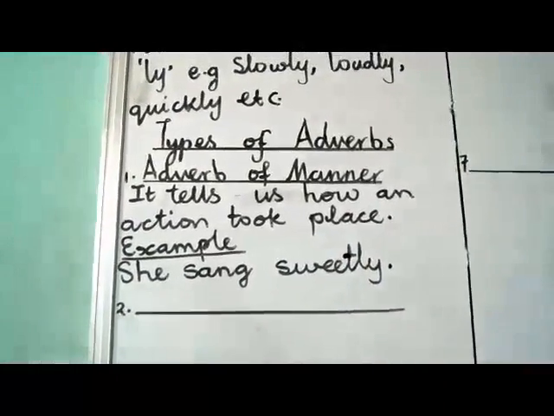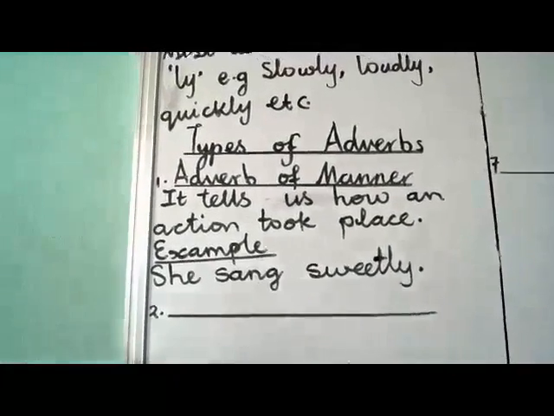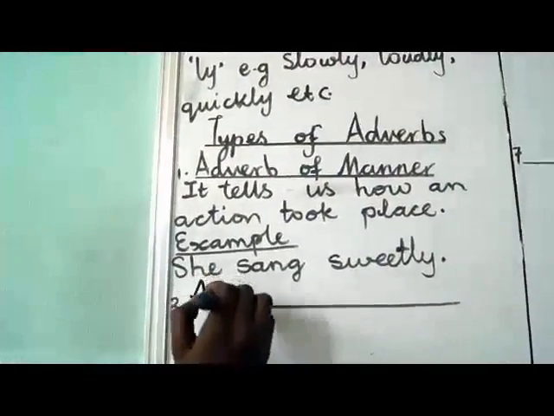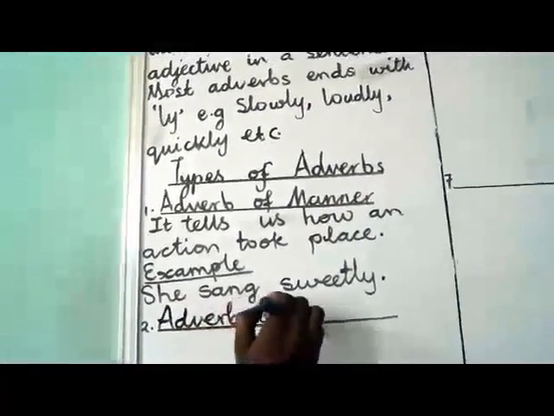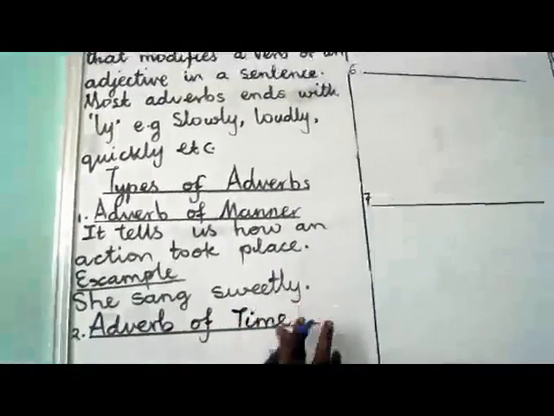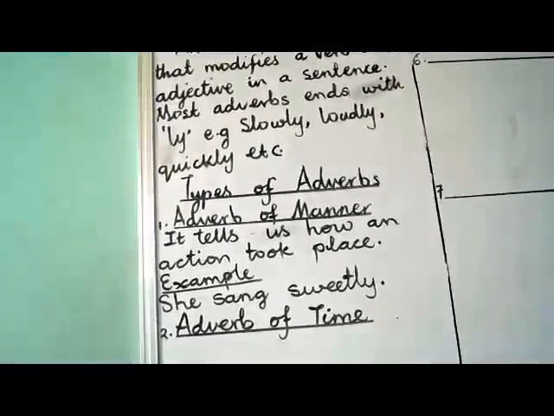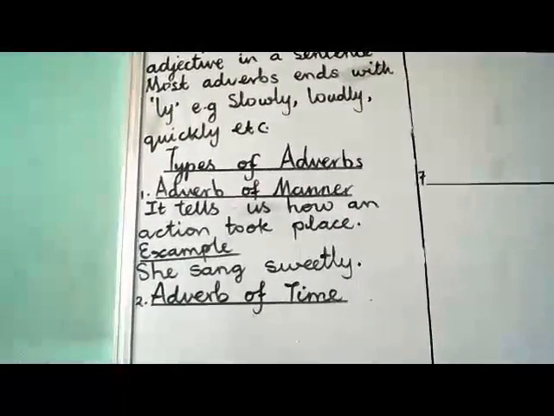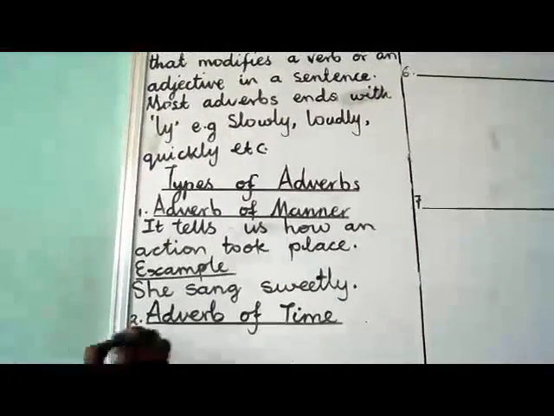The second type of adverb that we'll be looking at is the adverb of time. And what is the adverb of time? The adverb of time is a type of adverb that tells us when an action took place.